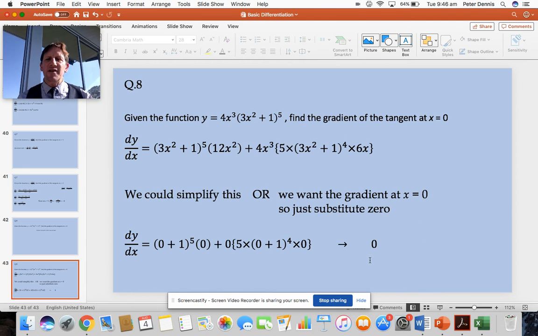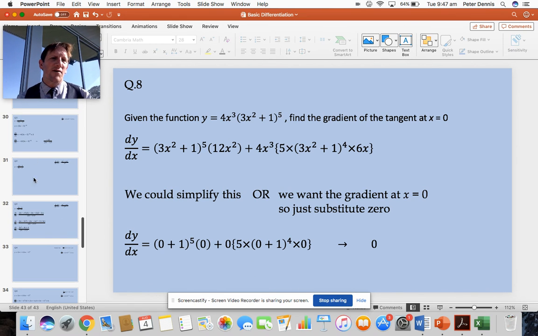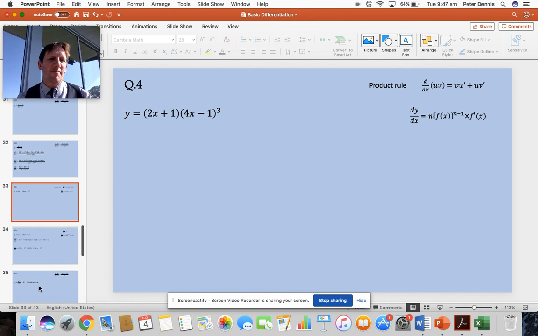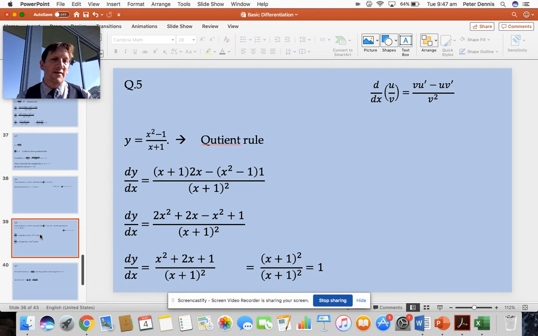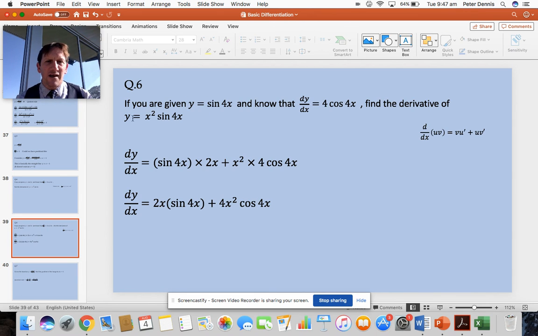So hopefully that's taken you through a few little ideas about this basic differentiation. You really need to be on top of it because it comes back so much in the HSC. Like this question 6 up here, where you had the sine and the cosines come back in, and understanding that this is a product rule.